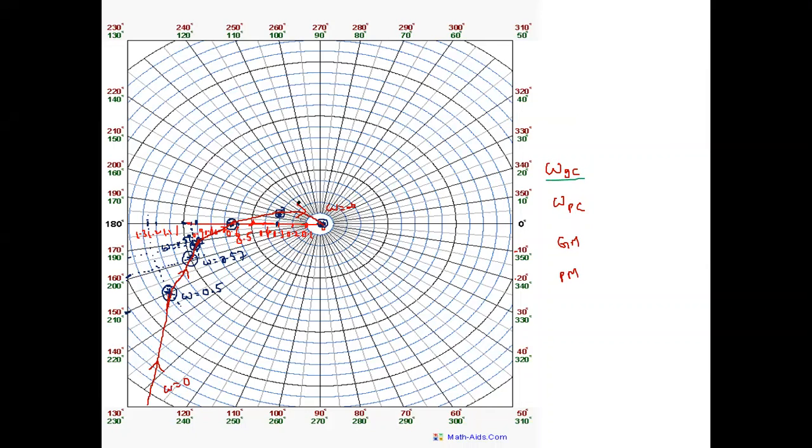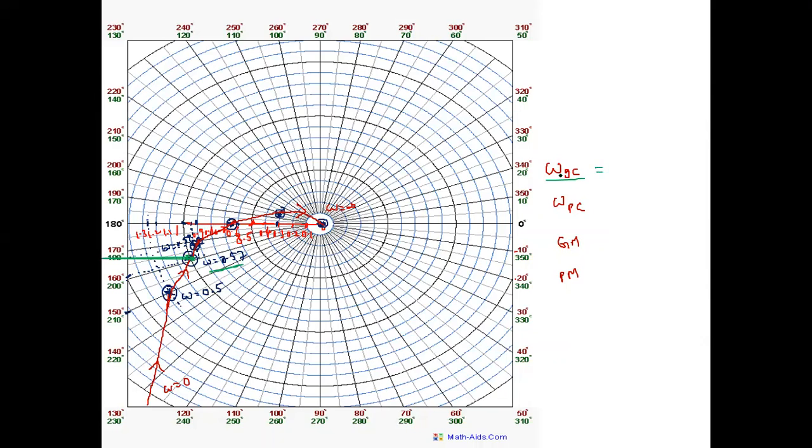Omega GC is nothing but the gain crossover frequency, where the gain is equal to 1. Where is the gain 1 here? On the unit circle, where this plot is crossing the unit circle. That is this point, 0.57.